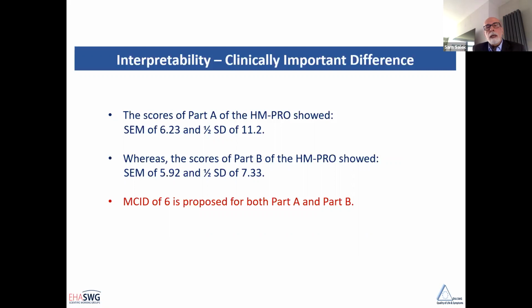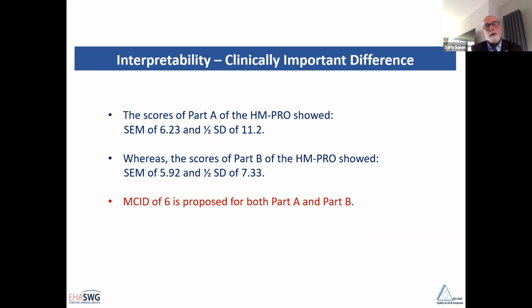So there are two important aspects of interpretability. Being able to interpret what a change to a score means from one visit, where you are prescribed a new treatment, to the next visit, when you come to see the doctor to see how this treatment has worked. How do the clinicians or the patients themselves actually interpret that score?